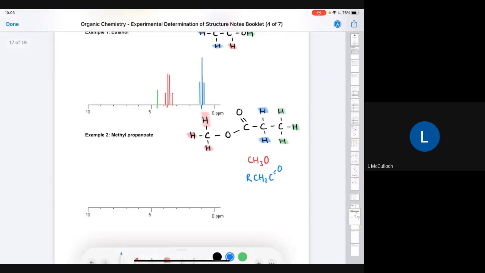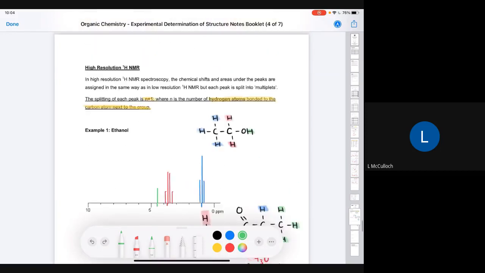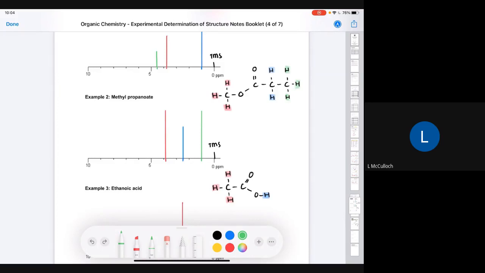And for our green hydrogen, it's a CH3 that's bonded to an R group, with that CH2 being your R group. So when you go and check all of the shifts for those, you get what is in our low resolution. So I'm just going to pop those peaks all in the same place.